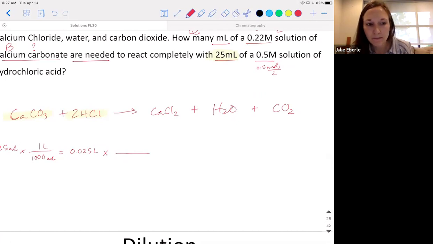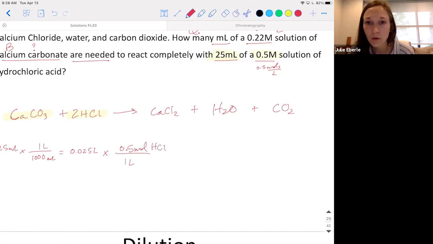Looking at that diagram, convert with molarity, okay? And which molarity? It is this one right here, the 0.5 molar, 0.5 moles per liter. I want liters to cancel and I want to convert to moles. So for every 1 liter, it's 0.5 moles. And we're talking about HCl here.